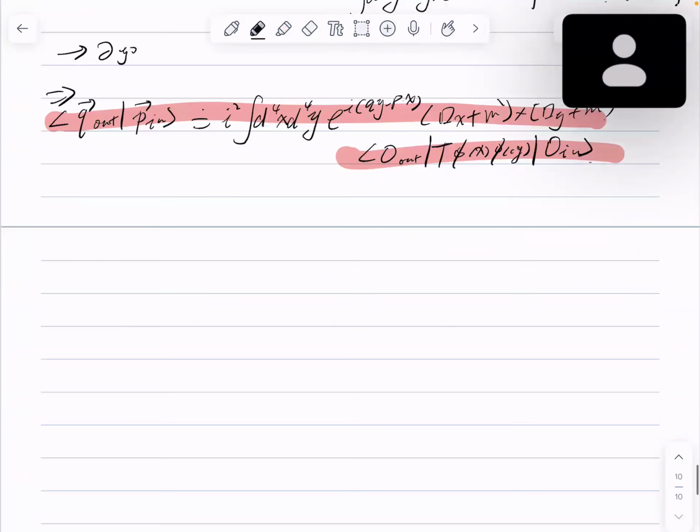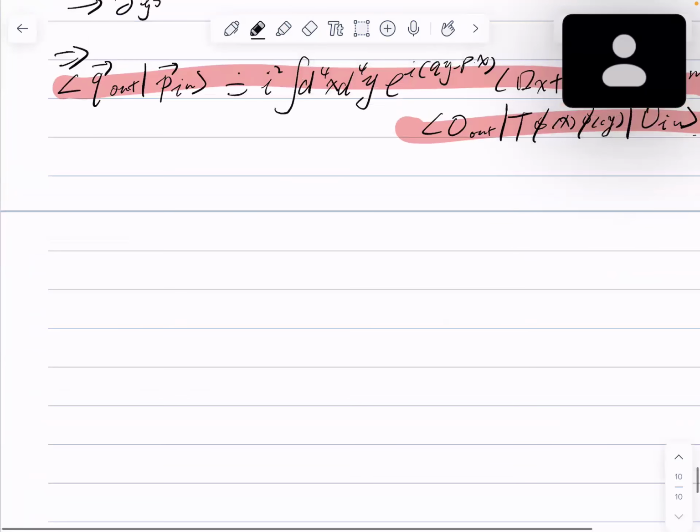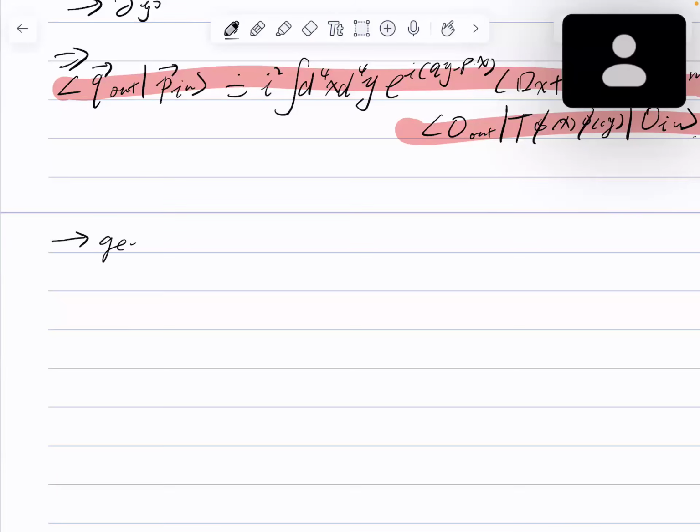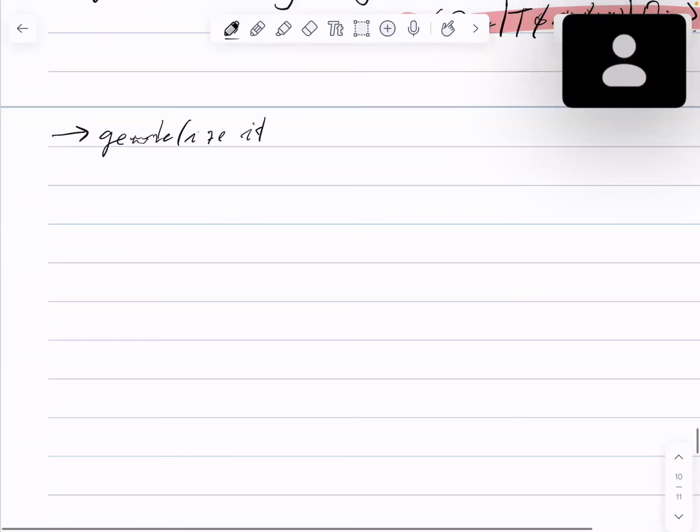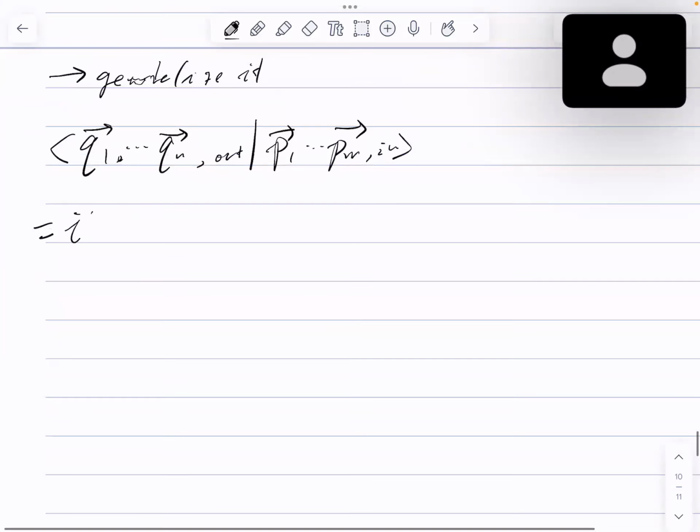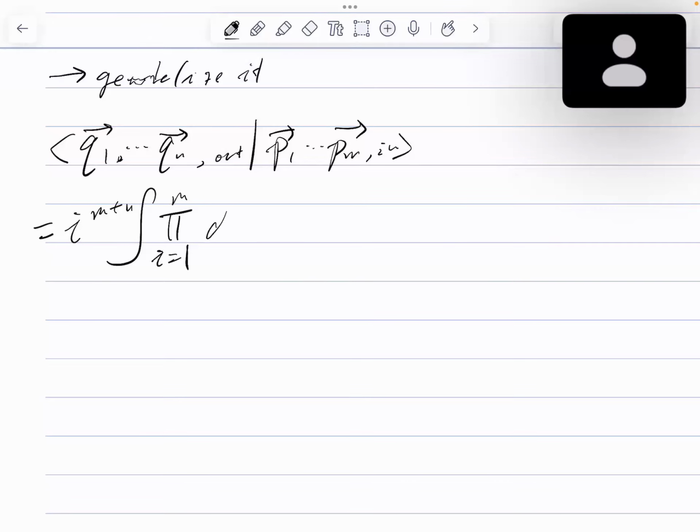And it can also be easily generalized to the n particle states. Q1 to Qn out, P1 to PM in, equals I to the M plus n, product i from 1 to M d4 xi e minus i pi xi.